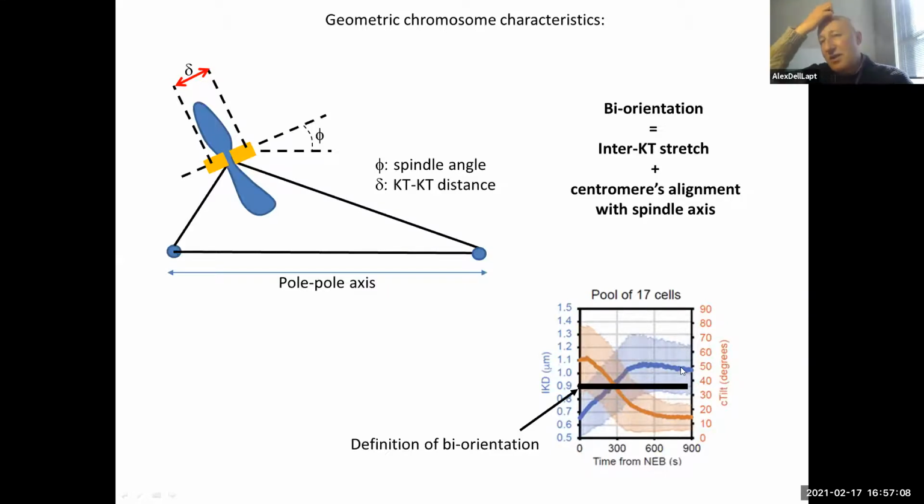The definition of biorientation, of proper attachment, is if the angle drops below a certain threshold of about 30-something degrees, and if the kinetochore stretch becomes greater than 0.9 microns. So now we can look at each individual chromosome and detect when proper attachment, when biorientation, takes place.